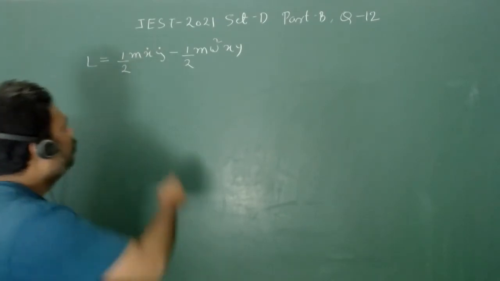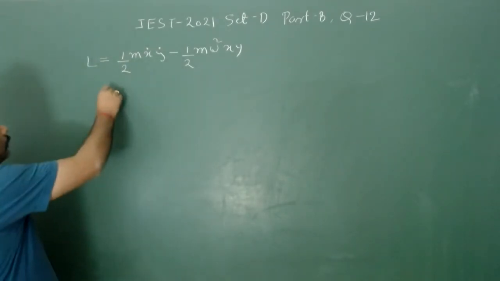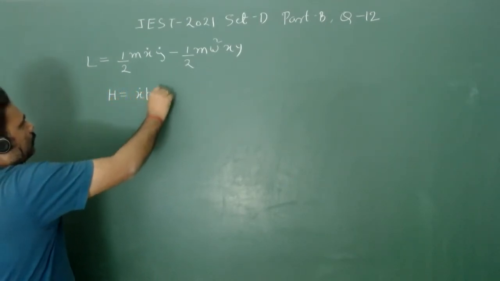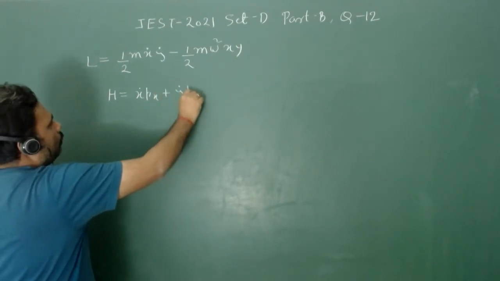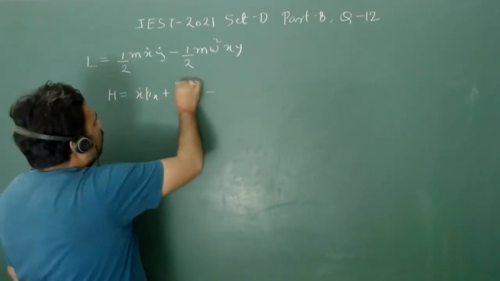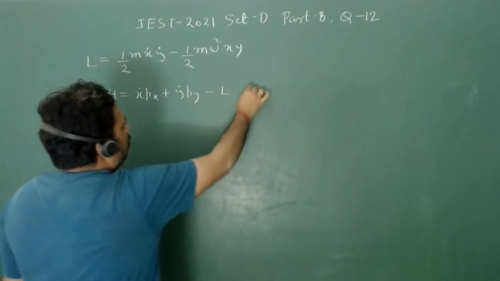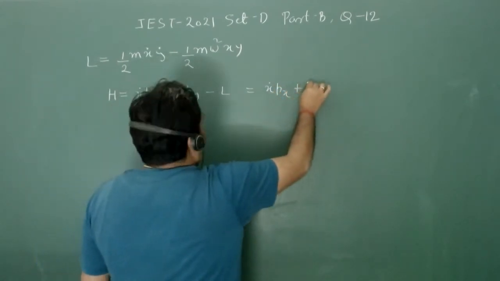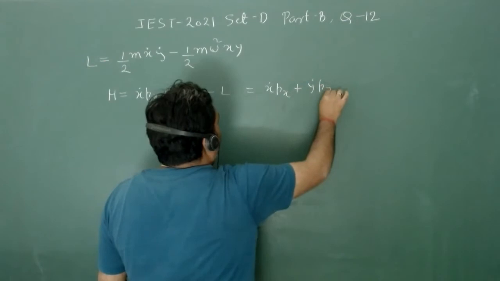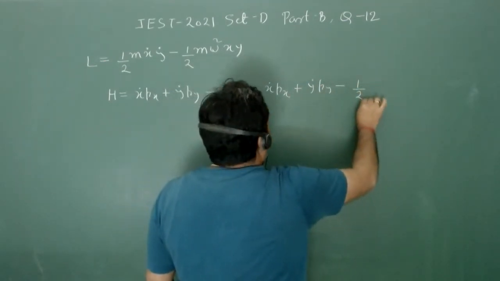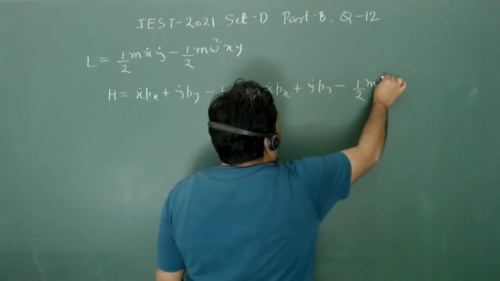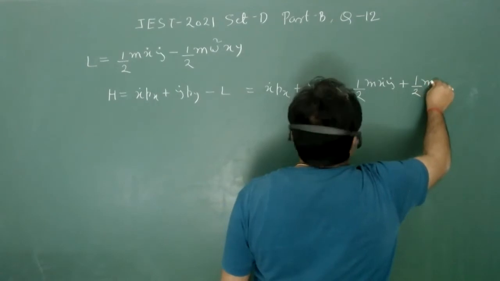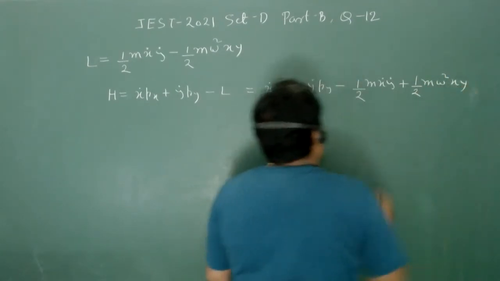So let's go for the Hamiltonian of the system. Here x and y are generalized coordinates. The Hamiltonian is x dot px plus y dot py minus the Lagrangian, which is x dot px plus y dot py minus half m x dot y dot plus half m omega square xy.